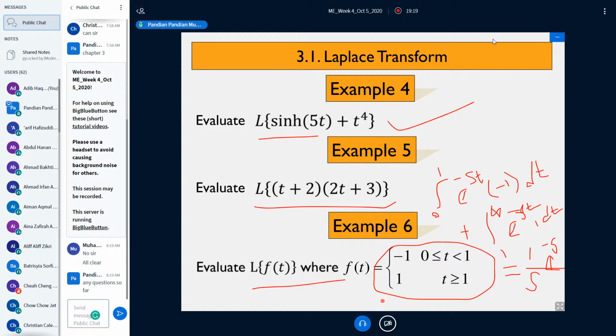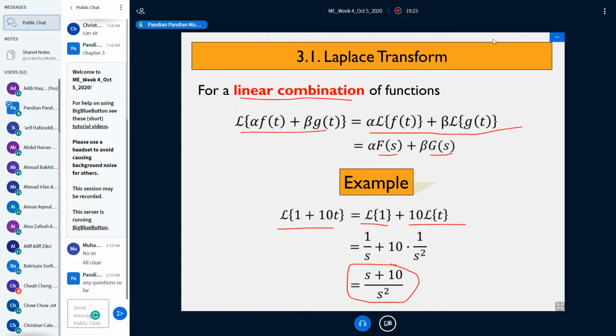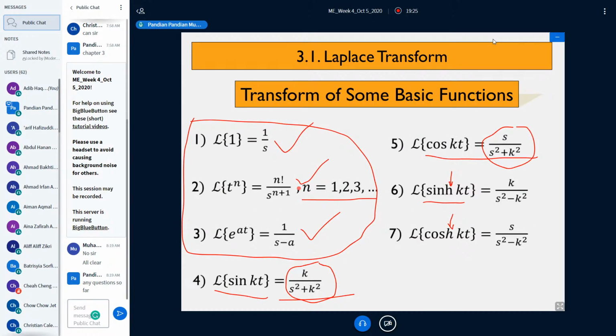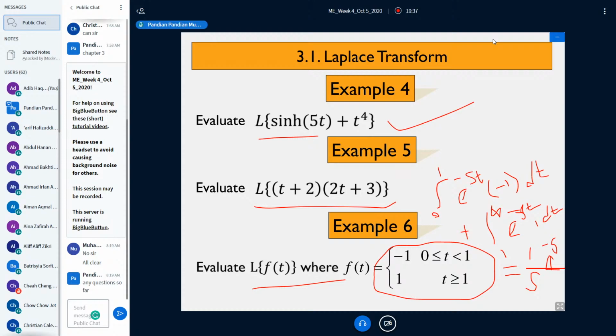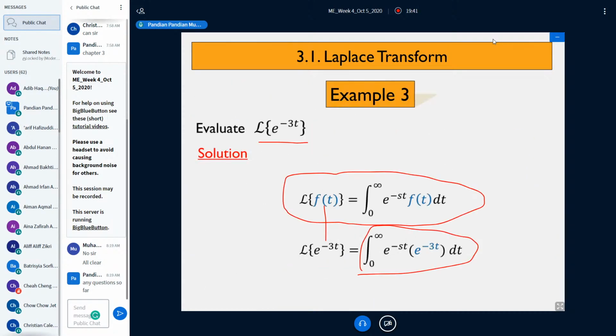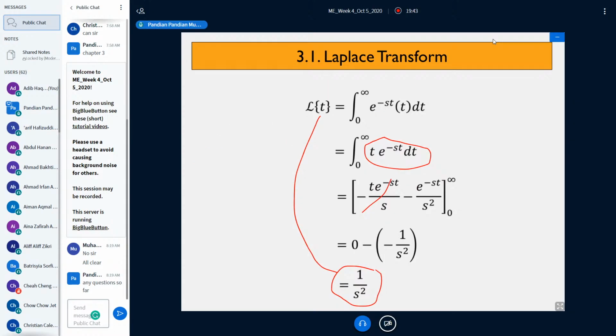For example 6, you have to use the integration formula. This table is very important. If you can memorize it, it is better. If you cannot memorize it, then you always refer to it.